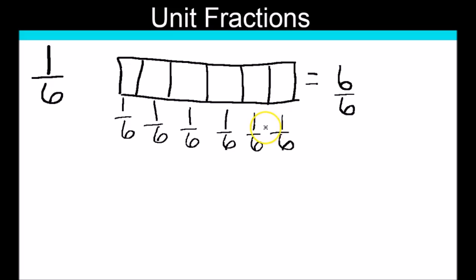You may not think that it's a big deal, but it is, especially when students start to convert improper fractions to mixed numbers and mixed numbers to improper fractions. It is a huge deal.